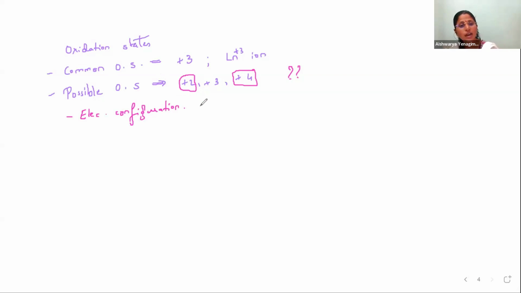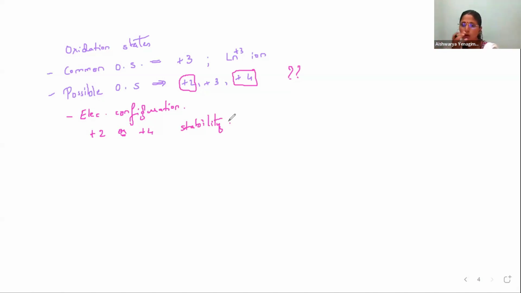So what does that mean? Let us try to understand this. Because in the state of +2 or +4, they attain stability. The main reason is they attain stability. All the elements try to become stable, by losing or gaining electrons.